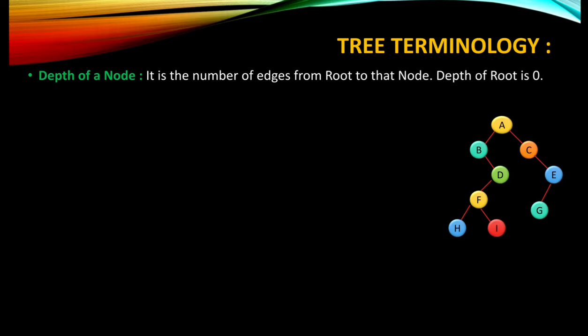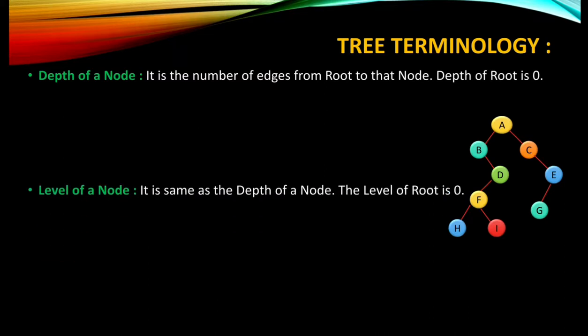First of all, depth of a node. It is the number of edges from the root node to that node, maybe a last leaf node. And depth of root is 0. How? I will explain it further in the next slide.